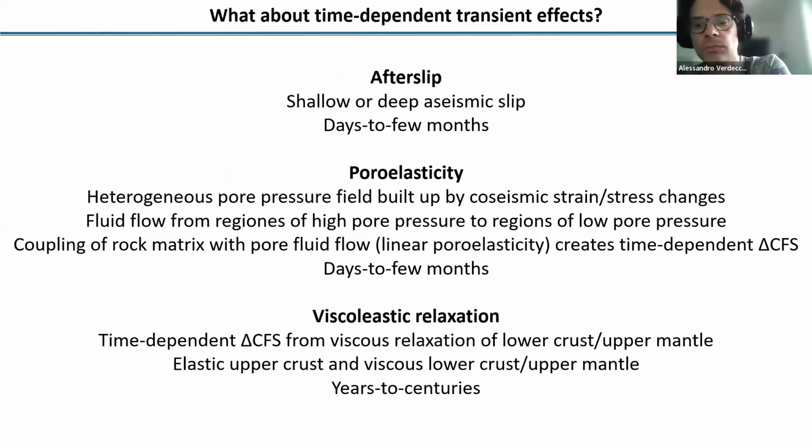So, I was talking until now about co-seismic effects, instantaneous effects, but what about time-dependent transient effects? In general, there are three major groups of time-dependent effects. The first one is the afterslip. Basically, what happens after a main shock or large earthquake is that the fault continues to move.